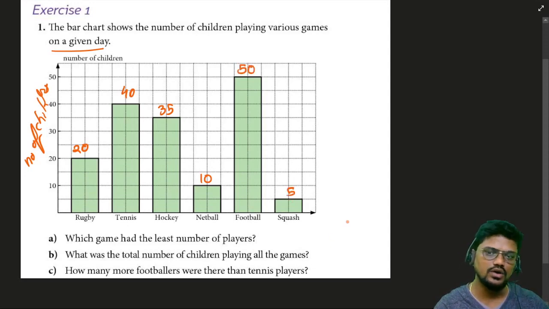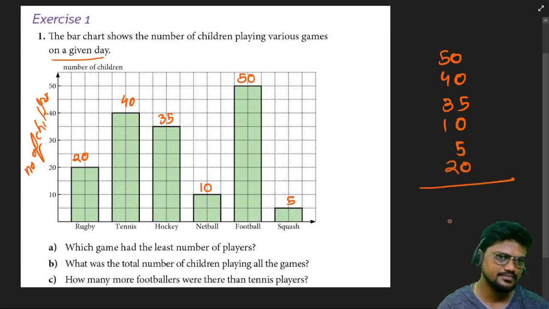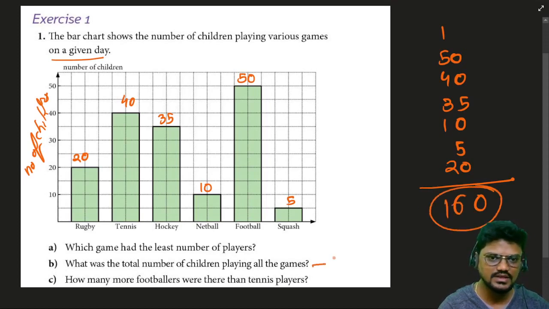So you have to add all the numbers: 50 plus 40 plus 35 plus 10 plus 5 plus 20. You have to add all of them. So what you'll get is 160. There are 160 children who are playing in the garden.